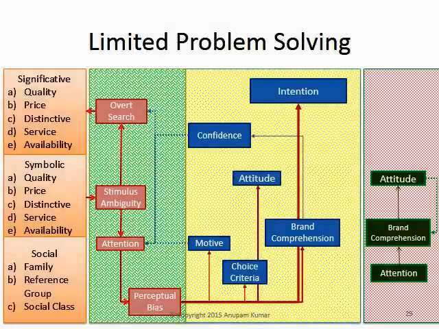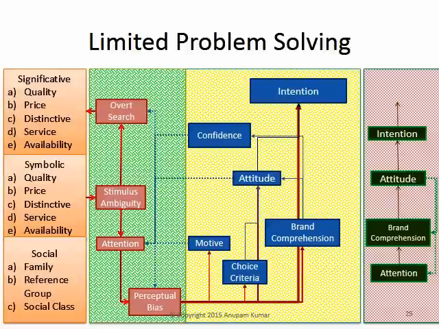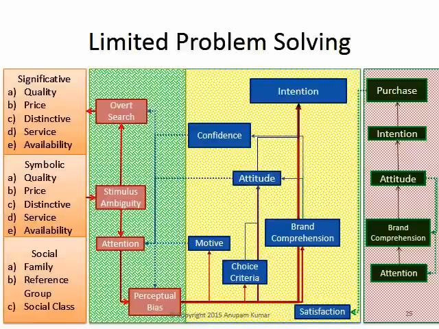Your choice criteria pushes your attitude towards an intention to buy. As this is not the first time that you are purchasing a shirt, your previous experience, which may have resulted in satisfaction with the brand, increases your confidence. And you have purchased your shirt.